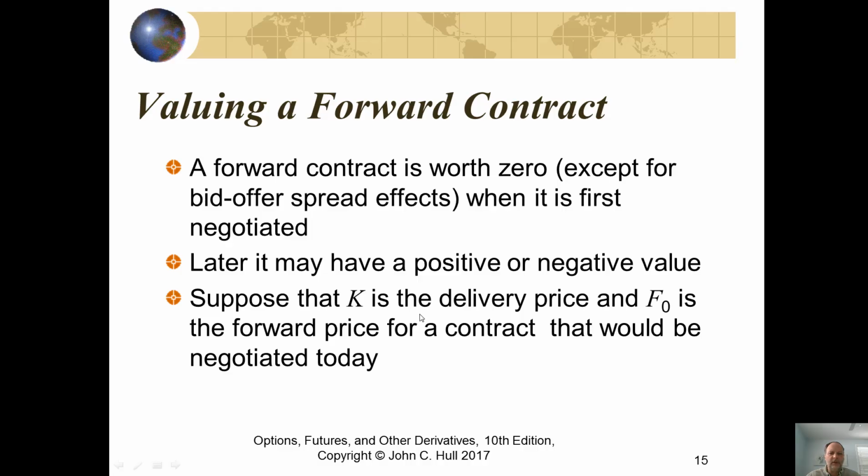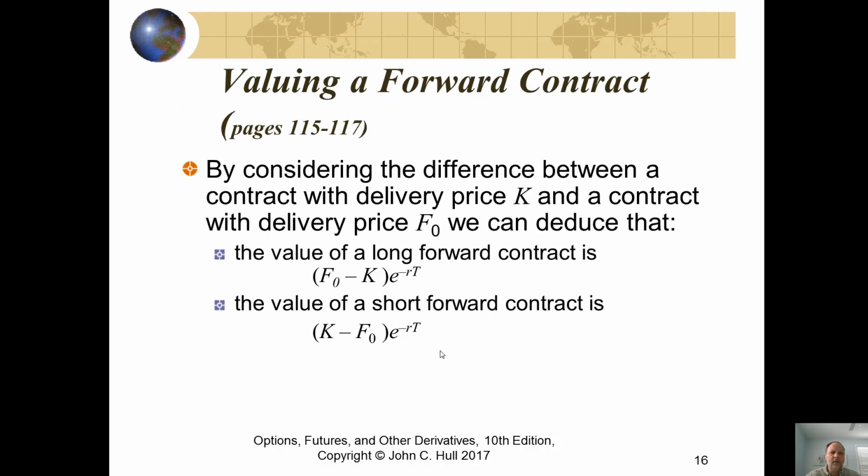So suppose that K is the delivery price and F naught is the forward price for a contract that would be negotiated today. Well, sometime in the future, of course, these things can change. So by considering the difference between a contract with delivery price K, that's what's written in the contract, and a contract with delivery price F naught, we can deduce that the value of the long forward contract is this.